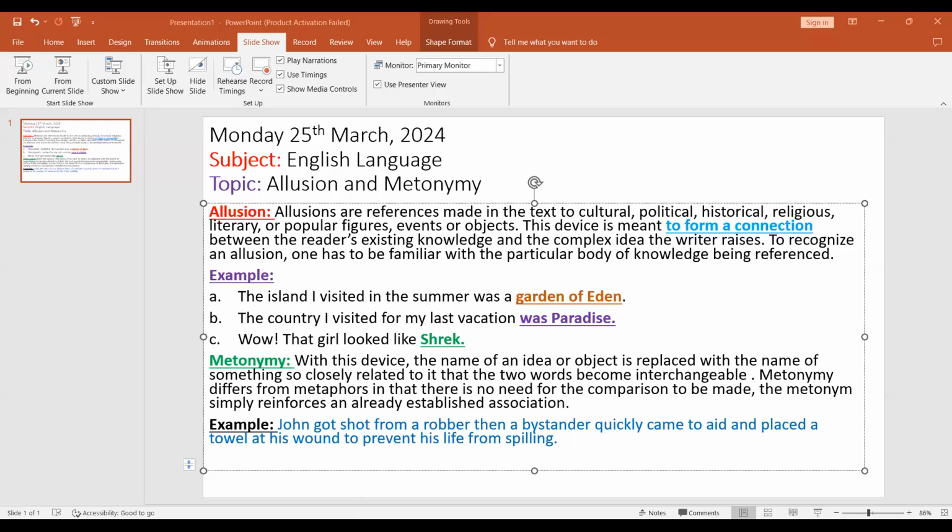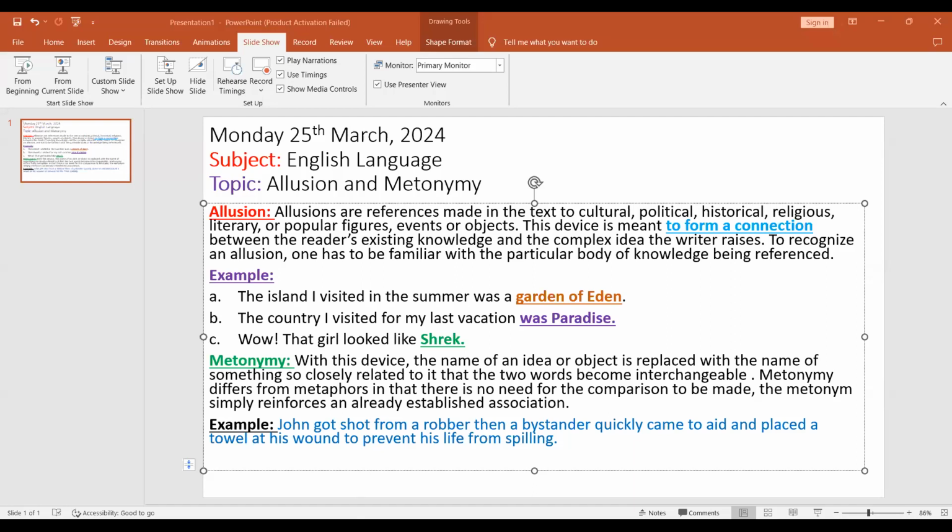Yes, sir. The definition says, with this device, the name of an idea or object is replaced with the name of something so closely related to it that the two words become interchangeable. Metonymy differs from metaphors in that there is no need for the comparison to be made.